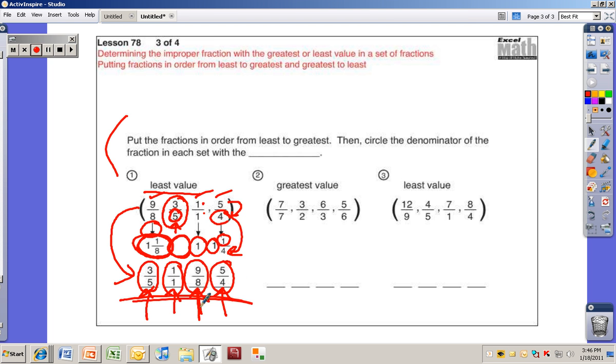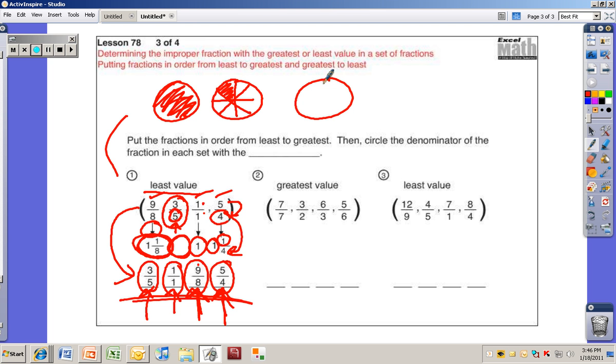Now, why is 1 1/8 here, and 1 1/4 there? Let me draw a picture of that. 1 1/8 would look like this. Here's 1 whole, and then we'll divide this up into eighths, and you have an eighth right there. That's 1 1/8. That's what 9/8 is. And then 5/4 is equal to 1 1/4.